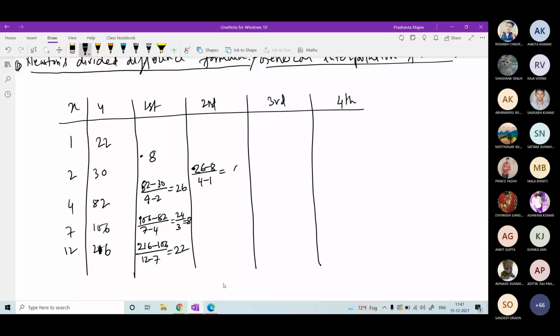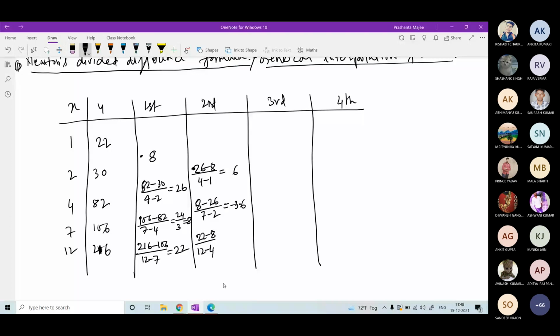That will be 8 minus 26 by 7 minus 2. If you simplify, that is minus 3.6. What is the entry at this dotted position? 22 minus 8 upon 12 minus 4. That will be coming 1.75.